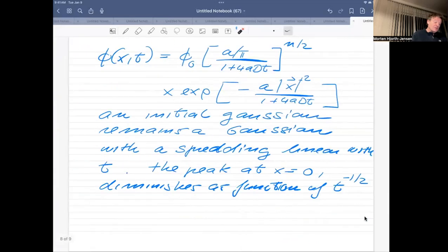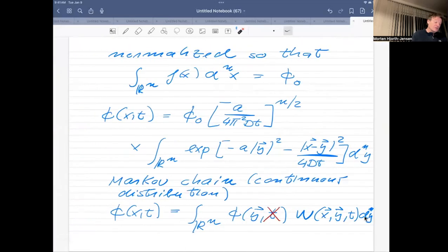And if we want to make the link with the process of diffusion and Markov chains, we know that the Markov chain can be modeled in terms of an initial distribution, which we have here, multiplied with some transition probability. So that function Sn, which we had, is now simply going to be given by this W of x of t here.